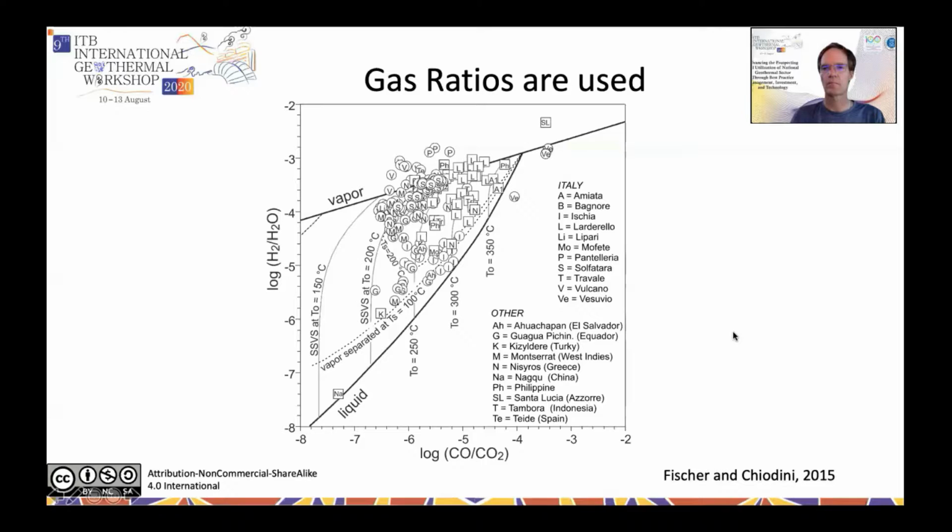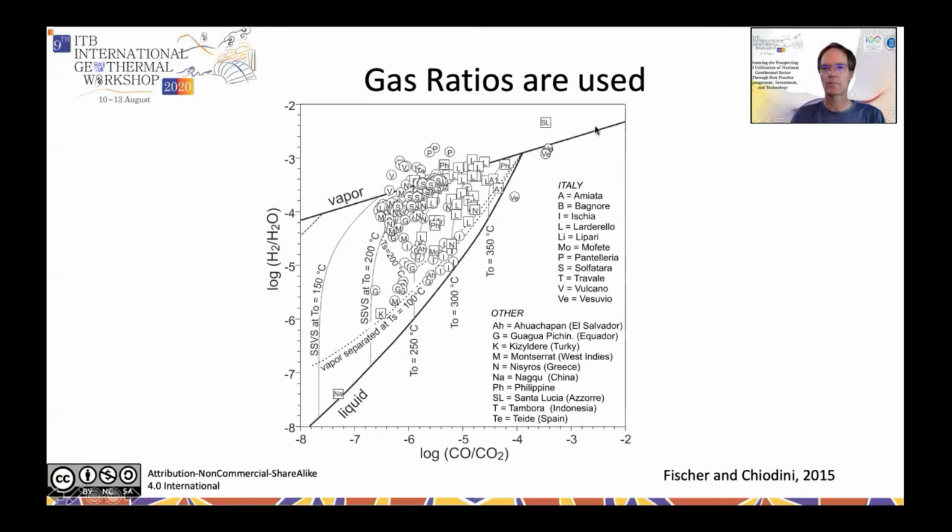Now, when we utilize those relationships, we can make plots like this. What you see here is a plot of the logarithmic relationship of hydrogen to water and CO2. We can calculate these vapor lines and the liquid lines, and I'll show in the next diagram how that is done.